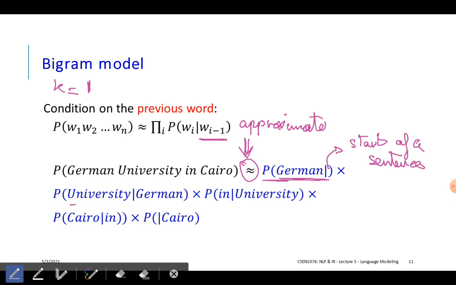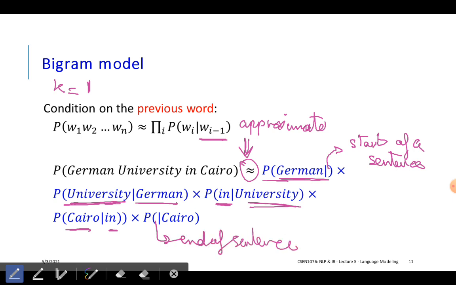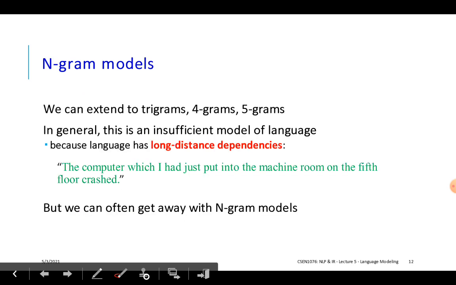And then you have the probability of university given German, probability of in given university, probability of Cairo given in, and then probability of end of sentence given Cairo.